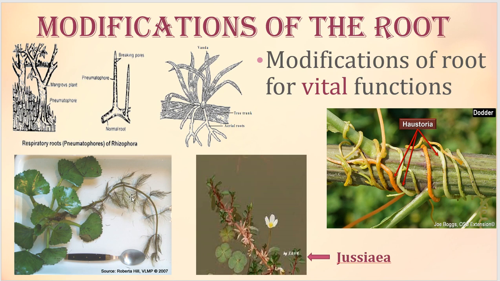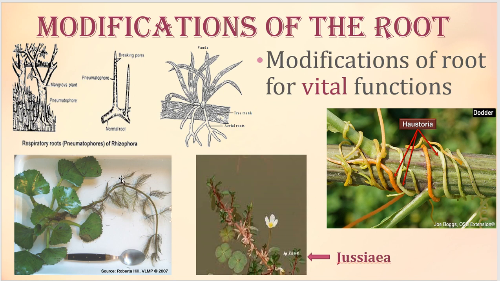This is Trapa, and another example is Ctenospora. Ctenospora generally grows on tree trunks. So these assimilatory roots hang down from the lateral branches of the host. So Ctenospora and Trapa come under assimilatory roots which perform photosynthesis.